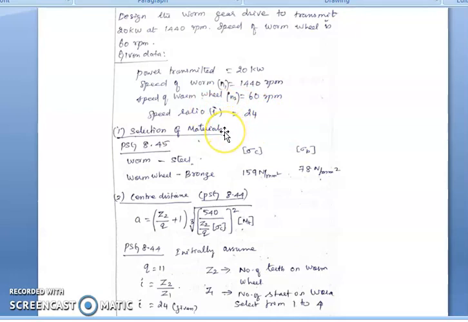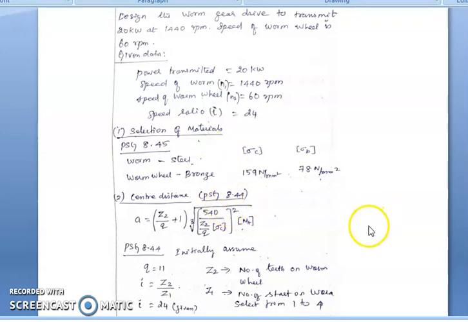We should clearly remember that in worm gear drive, the speed ratio is not equal to N1 by N2, but it is equal to number of teeth on worm wheel divided by number of starts on the worm.